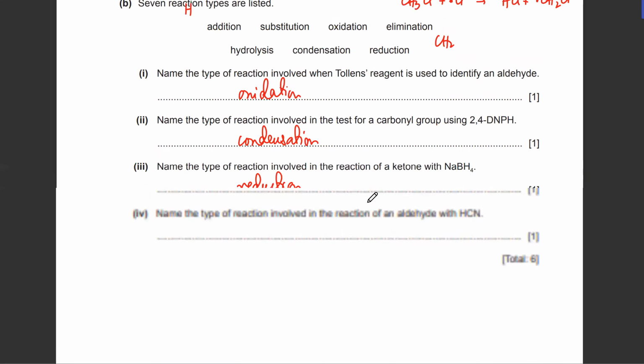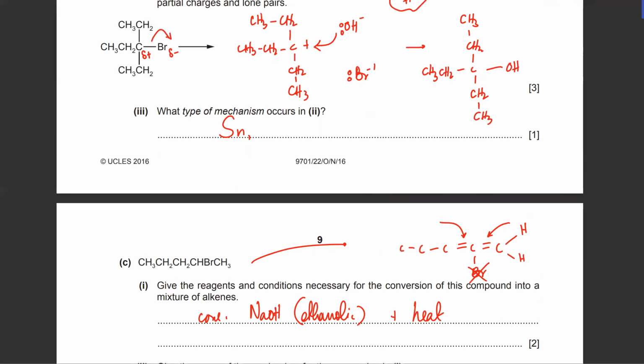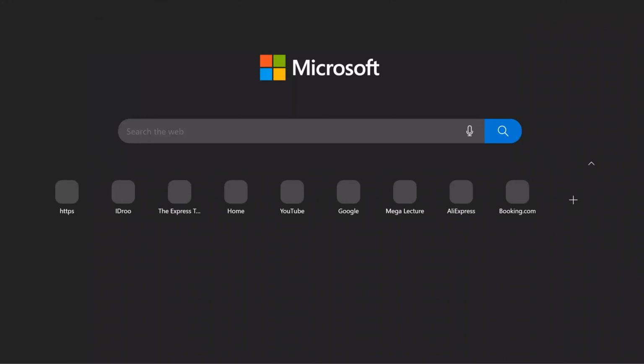So then the next one, let's try and open. I'll just do organic papers right now. Theory papers. So this one, let's try and do March 16, question paper 2 PDF. One second.